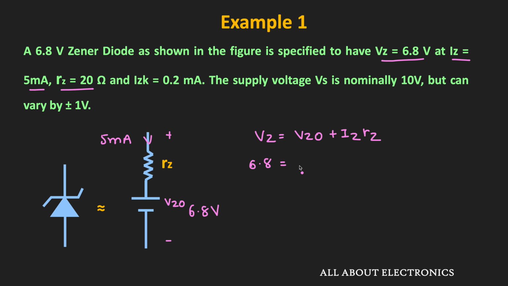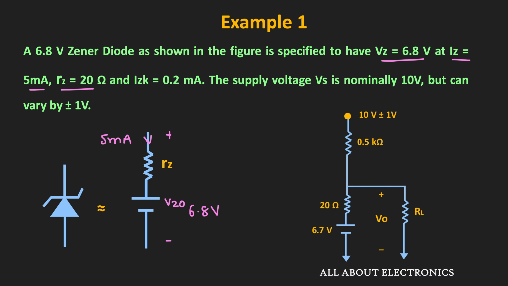So Vz naught plus 5 milliampere times 20 ohm is equal to 6.8 volt. And 5 milliampere times 20 is equal to 0.1 volt. So Vz naught is equal to 6.8 volt minus 0.1 volt. That means the value of Vz naught is equal to 6.7 volt. With Vz naught, if we see the equivalent circuit, this is how it will look.